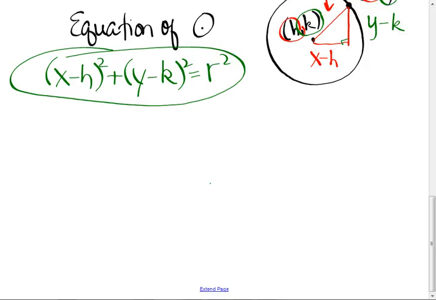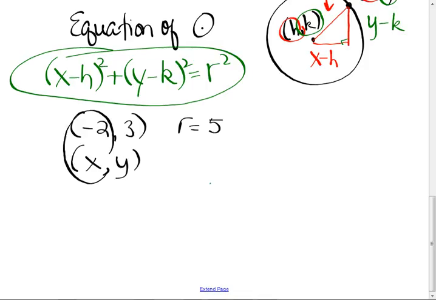So if I have (-2, 3), and r is equal to 5, I want the equation of the circle. Okay, you either remember the formula, or you say, well, I'm going to take a point on the circle, Cole. We're going to call it x, y. It's just the distance formula. How do I find the distance between those two?